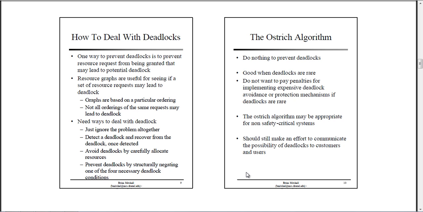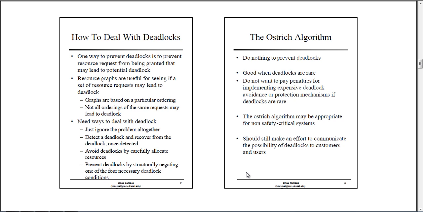Not all orderings of the same requests may lead to deadlock, and we need ways to deal with deadlock. Just ignore the problem altogether; detect a deadlock and recover from it once detected; avoid deadlocks by carefully allocating resources; or prevent deadlocks by negating one of the four necessary deadlock conditions.